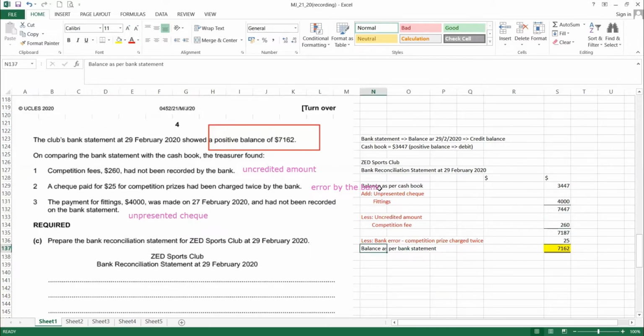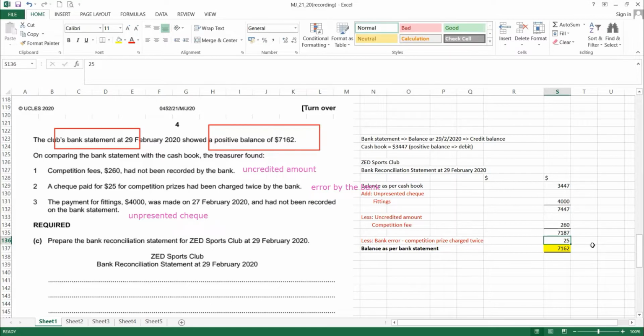But come to the final part, the bank reconciliation statement, balance as per bank statement. If the question gives the number itself, they say bank statement positive balance 7162, and let's say for example, I make a mistake in here. Instead of minus, I thought it should be plus.